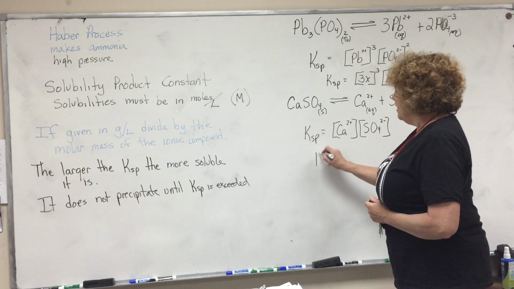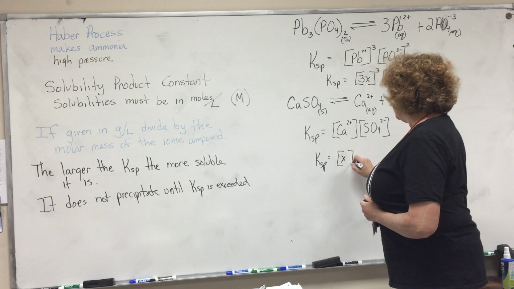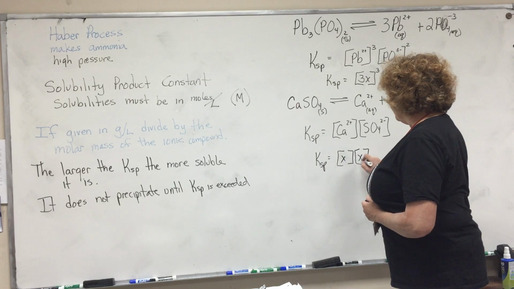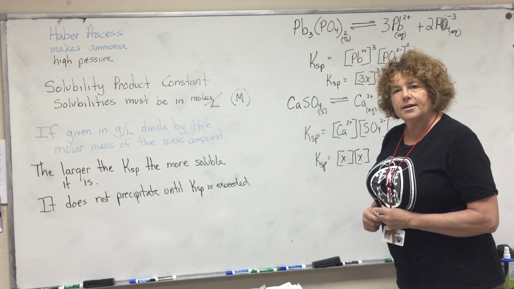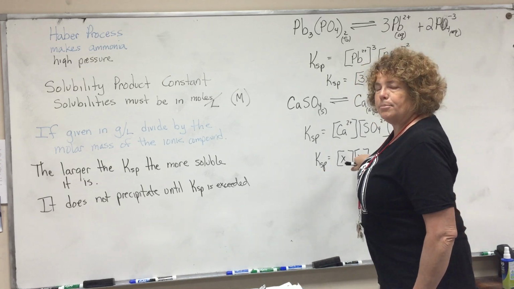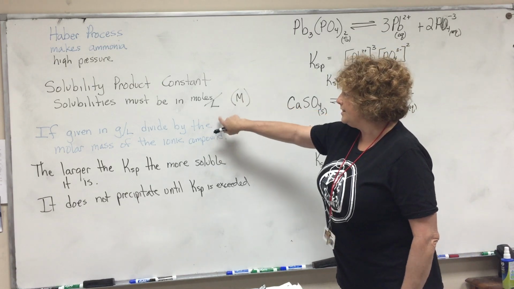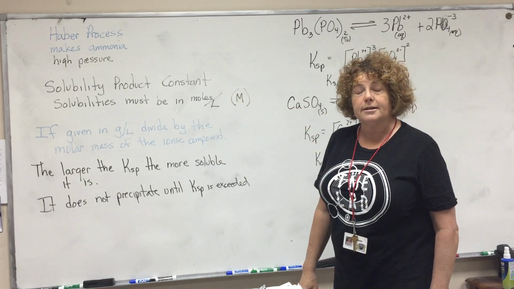When you plug in your solubilities, this would be X and this would be X. So in other words, it would be X squared. So you would be able to solve for your solubility product constant by plugging in the solubilities that you get when you fix it and turn it into moles per liter.